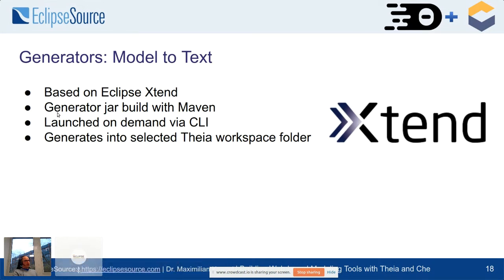In existing tools, the generator jar itself was built with Maven. This jar contains some code to also be able to launch it via CLI and pass in the Theia workspace folder as a target for the generation. We've already looked at the architecture of the generator, so I'm not going to bore you with that again.